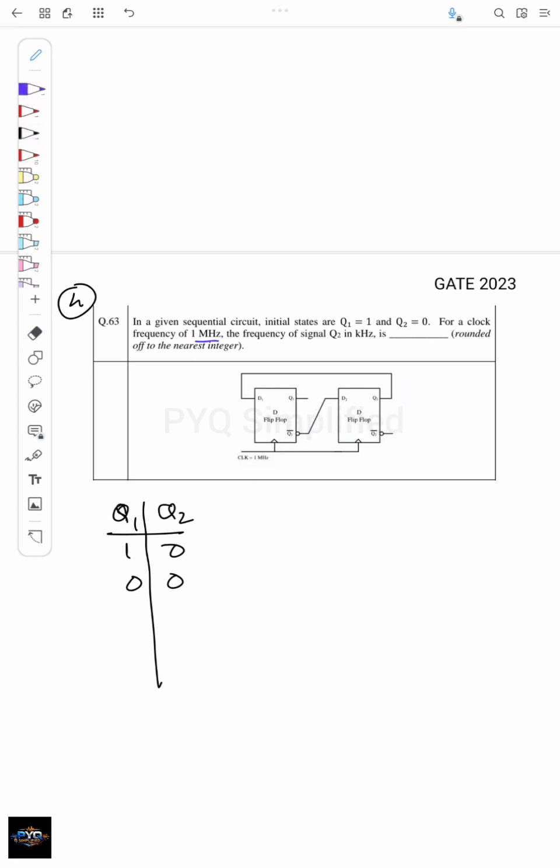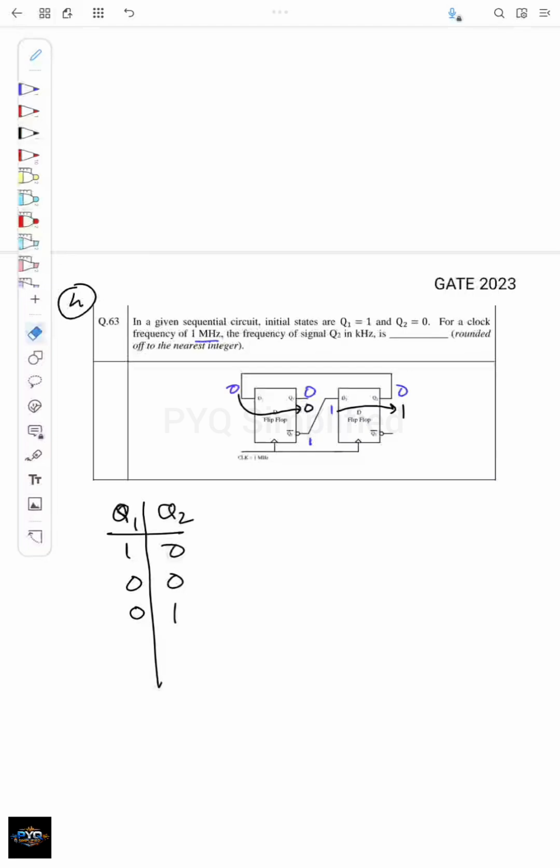So this will be the next state. Since this is 0, this 0 will come here, and since Q1 is 0, Q1 bar will be 1, so 1 here. In the next rising edge of the clock, this 1 will reach here at Q2, and this 0 will reach here. So the next output is 0 1.